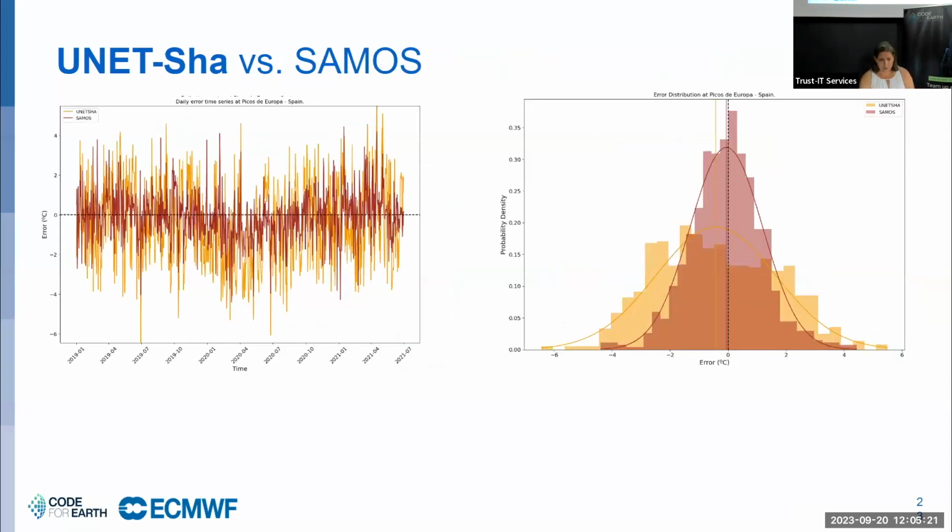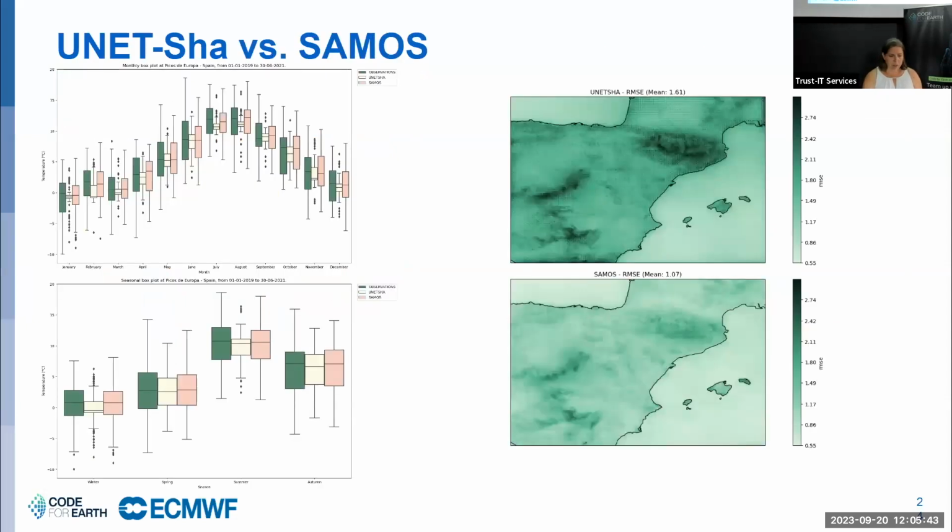Similar for the error. And if we compare the UNet versus the SHA version without topography versus SAMOS, we see that we are not bad with this not perfectly trained UNet, but we are still not where we should be, and we are simply not able to beat SAMOS in this case.